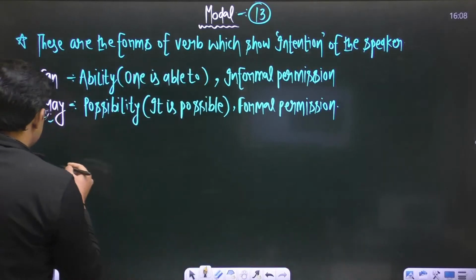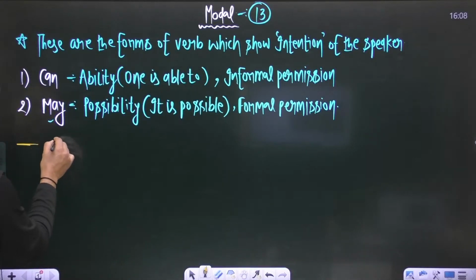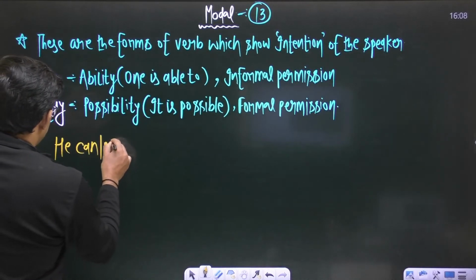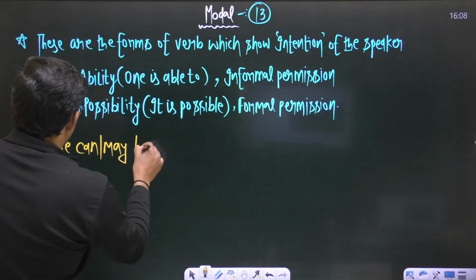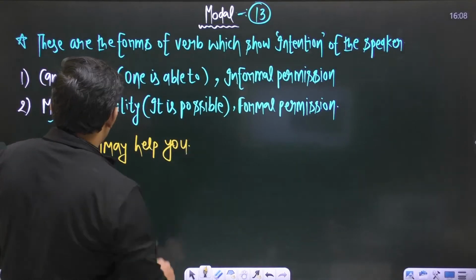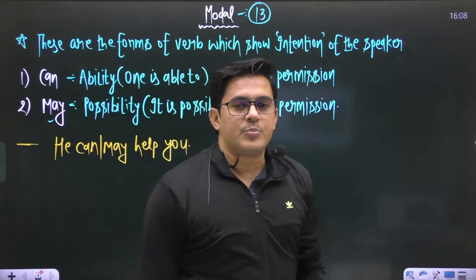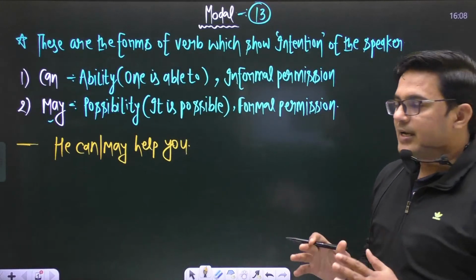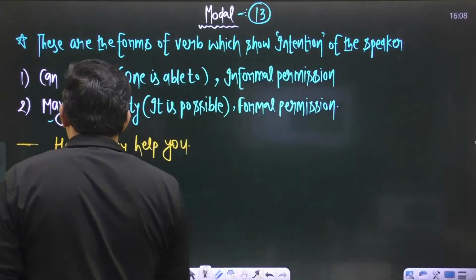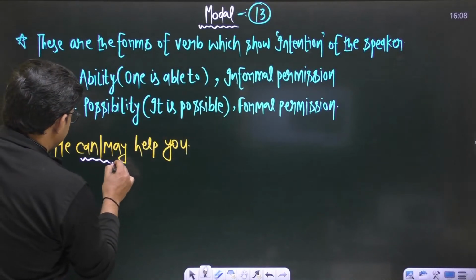The first sentence is: He can or may help you. In this sentence I have used two different auxiliary verbs, and both are okay.